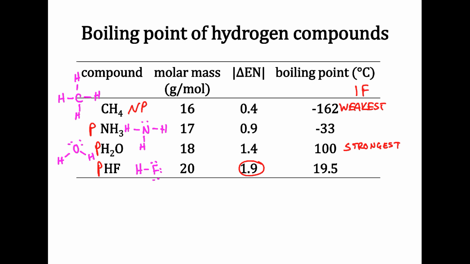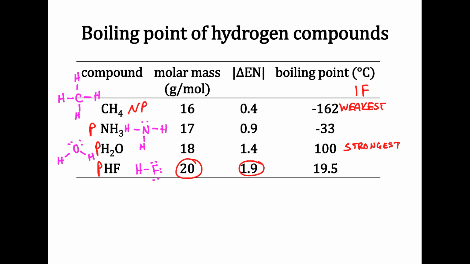If we are basing this only off of the difference in electronegativities, we would think that HF would be the molecule that had the strongest intermolecular forces. If we're basing it off of molar mass, we would also think that HF would have the strongest intermolecular forces. But what we see is water has the strongest intermolecular forces.